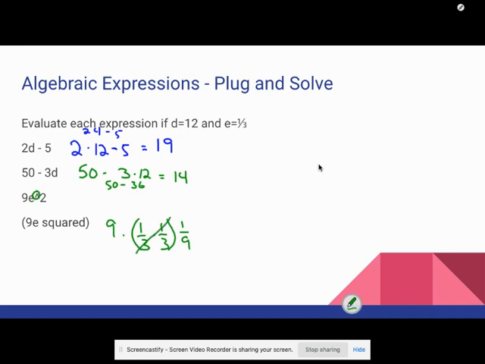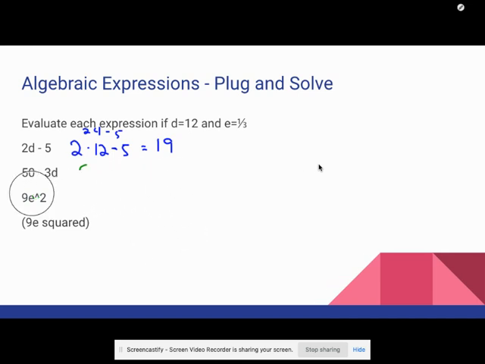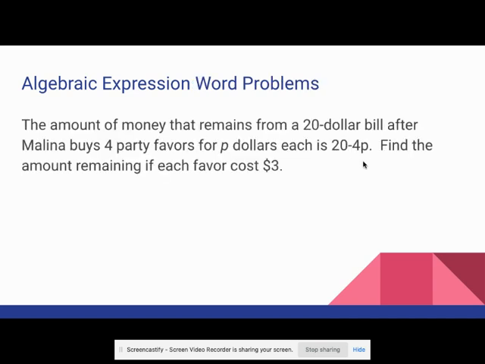Now I'm going to put 9 over 1. 9 goes into 9 one time. So now I have 1 over 1 times 1 over 1, which is 1. What looks to be a challenging problem really had just 1 as a final answer. So make sure that you're being careful, especially when you have fractions.